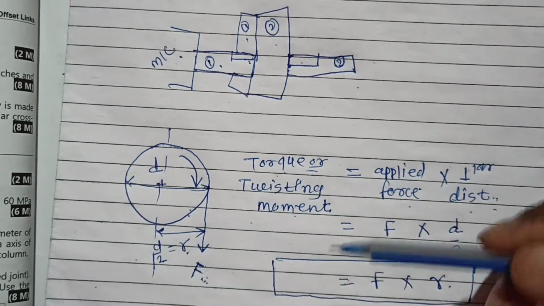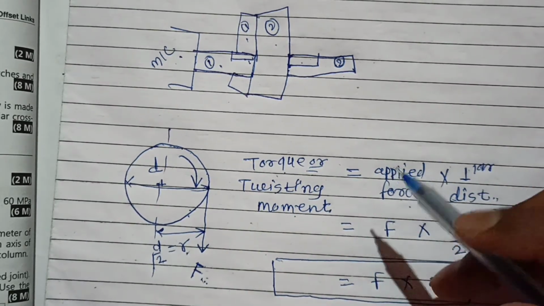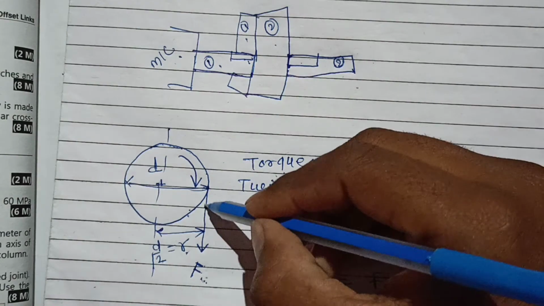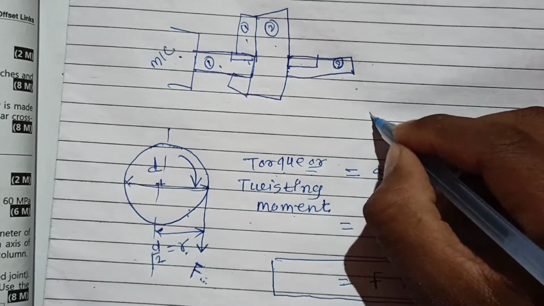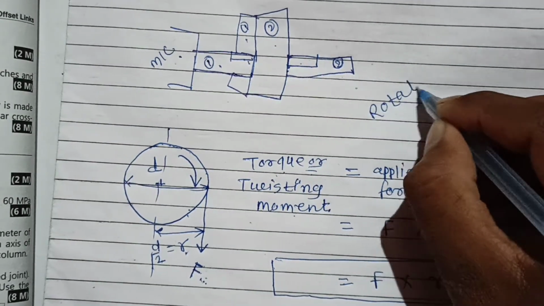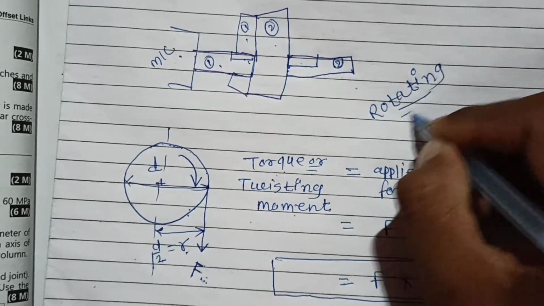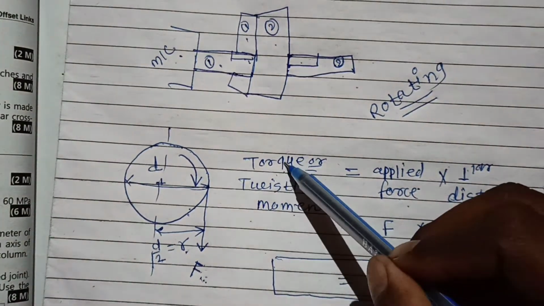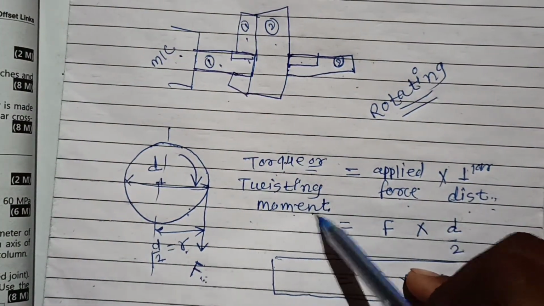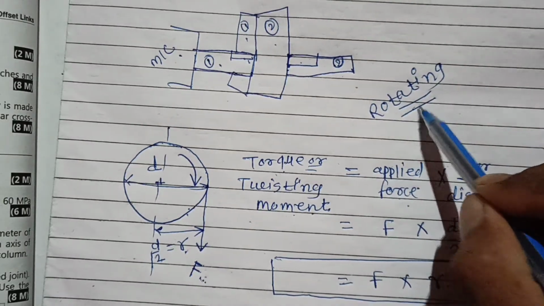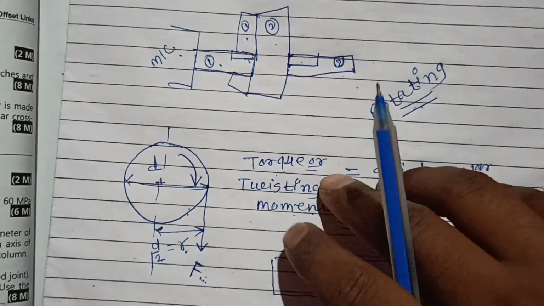This torque or twisting moment is created due to rotating movement. Then I will explain another concept.